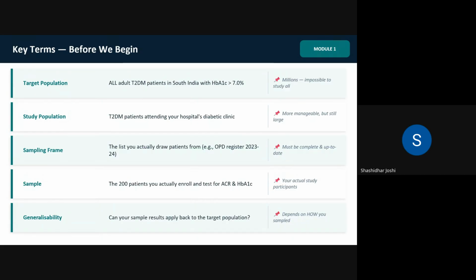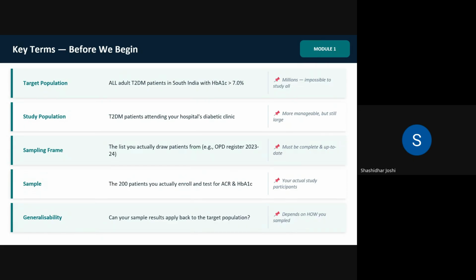Whenever you are putting together the proposal for the exercise you are doing, you need to remember these five terms here. I would suggest that you put this information in your proposal or synopsis, so that your guide is convinced that you are taking your sample appropriately.